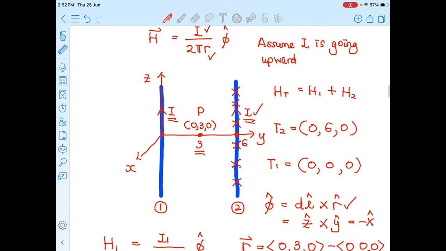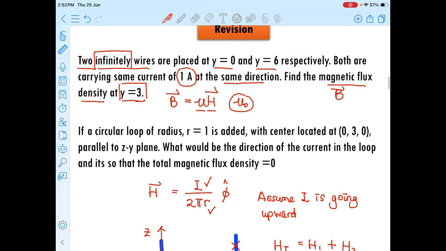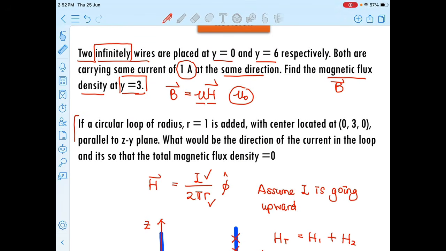All right. Now let us modify the question a little bit, by adding something. Here I want to change something. It says that a circular loop, with radius equal to 1, is added with the center located at the position 0, 3, 0, parallel to the ZY plane.